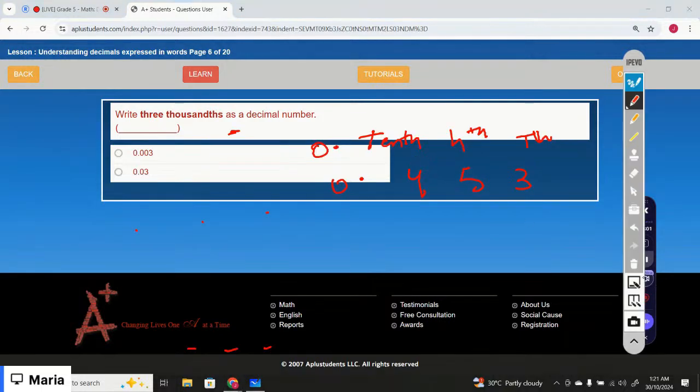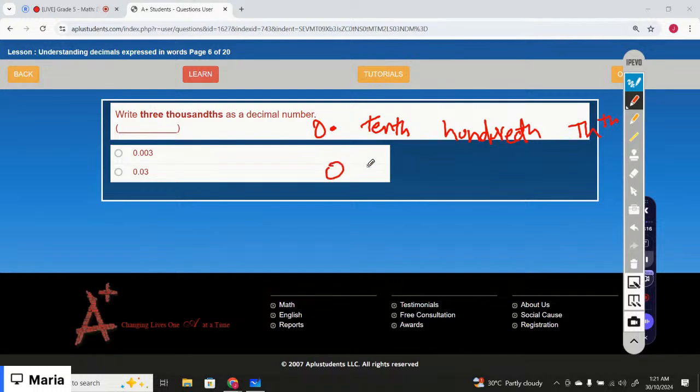So that is ones, tenths, hundredths, and then thousandths, right? So that is just 3. So 0.003, because you are not given a digit at the tenths and hundredths position, right? So option number 1 is the correct option. Got it?